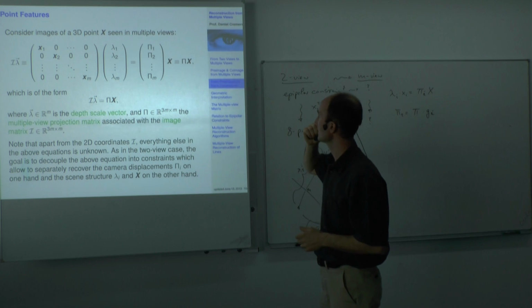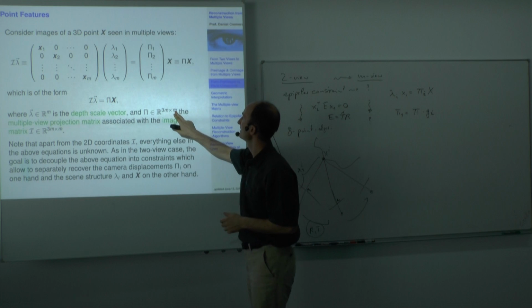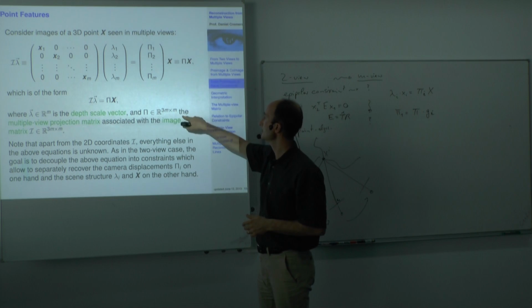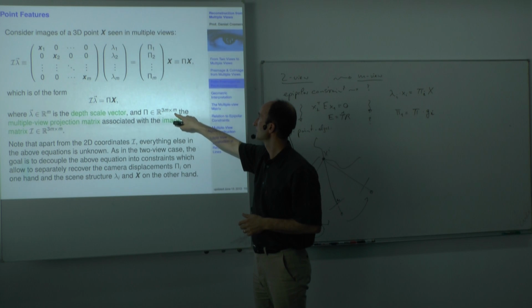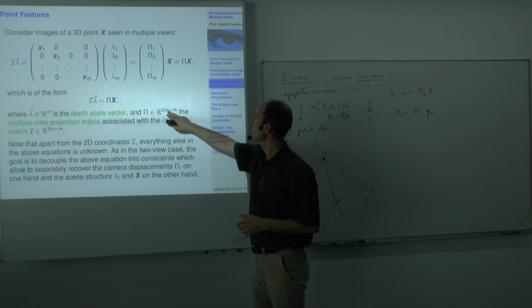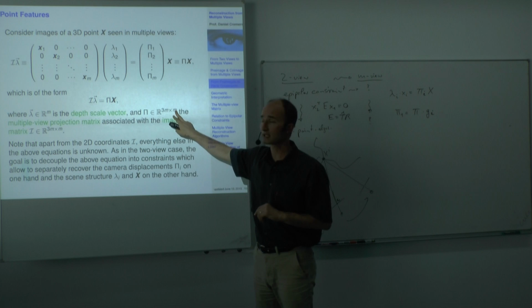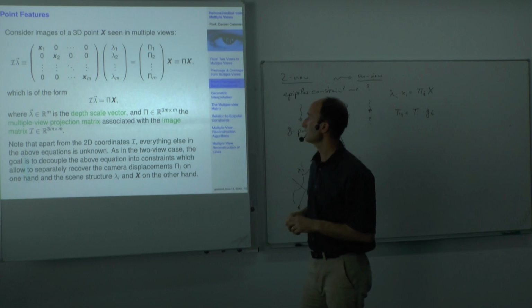Yes, that's a good question. I think this is not right, because these are matrices, so it should be 3 by 4. I think it should be 3 by 4m. I have to check. That's a good point. I think these dimensions are not right.